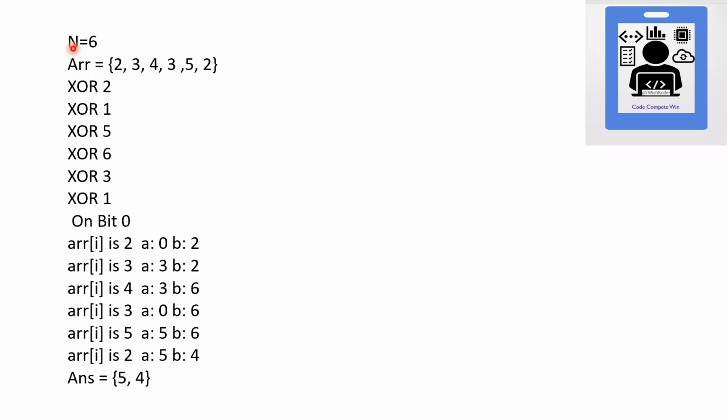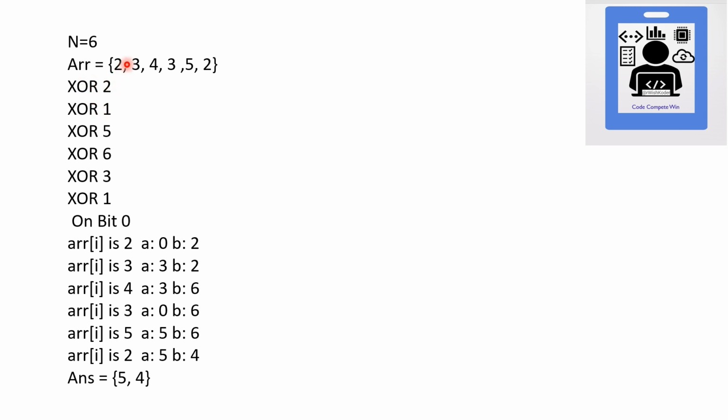Let's take one example. As you can see, our array size is 6, and in our array every element is repeated twice except two elements. First we will take the XOR of the array, so we will iterate over the array and find the XOR of the array.